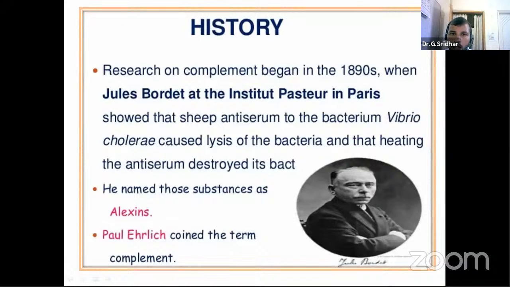That means the anti-serum has some protective proteins, or causative agents, which can lyse the bacteria. These protective proteins are useful for the lysis of the bacterial culture.